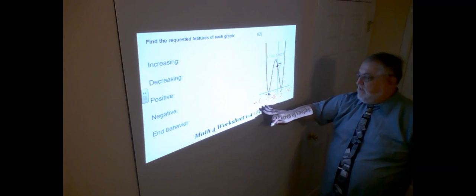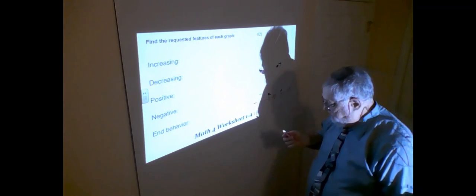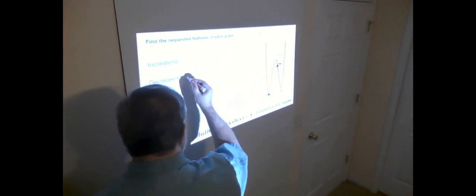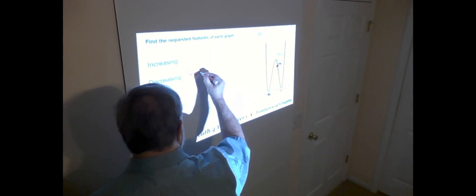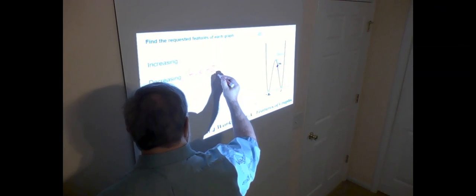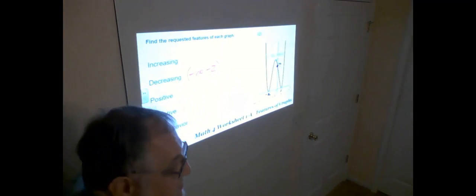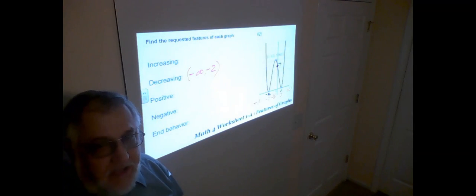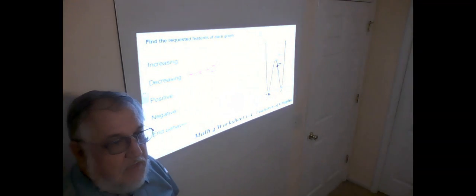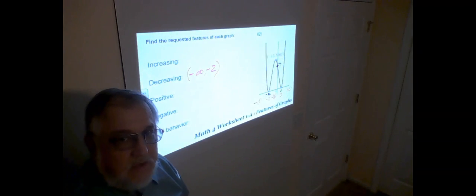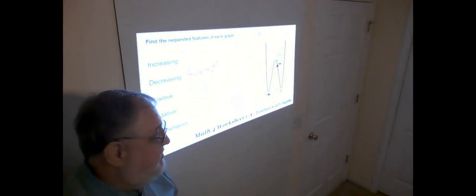Negative infinity to -2, that is decreasing. And remember, every time that you hit a valley or a mountaintop, it's not going up, it's not going down, so you're not going to put a bracket there.